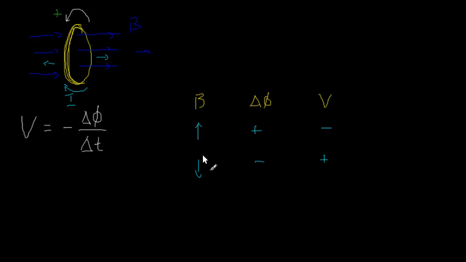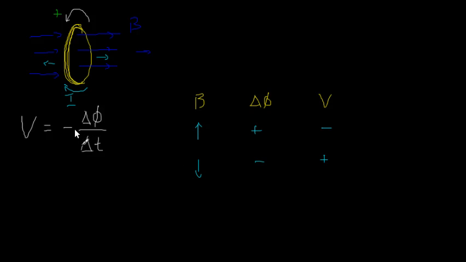So therefore, in a way, we have explored all the possible cases. There are only two possible cases, when the flux increases or when the flux decreases. And in both cases, we get the right directions for the voltage and currents if there's a minus sign there. So that explains why a minus sign is needed.